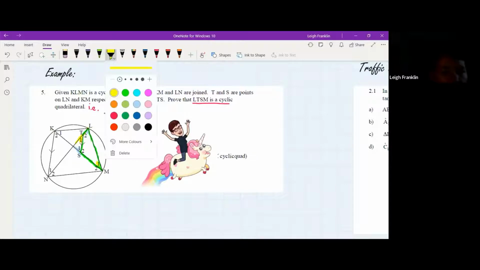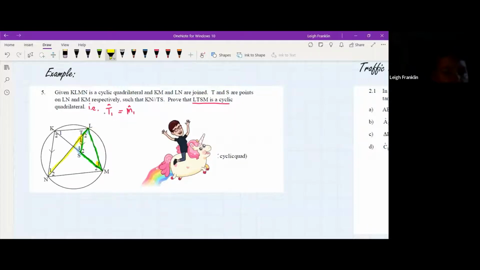We've got this parallel line over here, and we can see that angle N1 would be equal to angle T1. Now, is angle M1 equal to angle N1? Yes, it is. What's the reason?